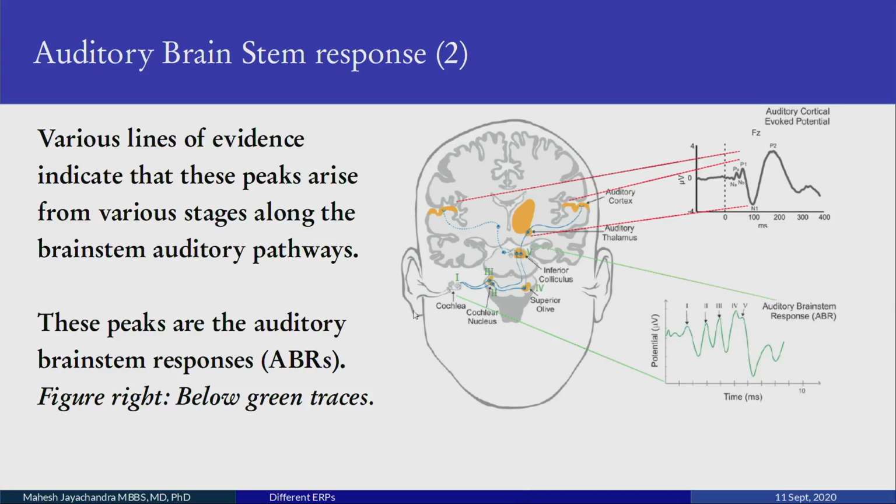The response from the tympanic membrane, the eardrum, to the brainstem, all these different way stations, gives rise to these potentials. If there is a problem, one of these components would be delayed or even absent. And again, this is between 0 and 10 milliseconds, the green traces.